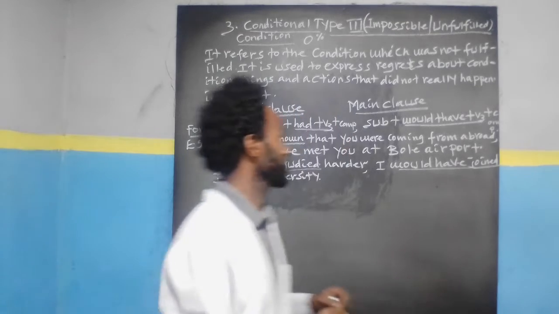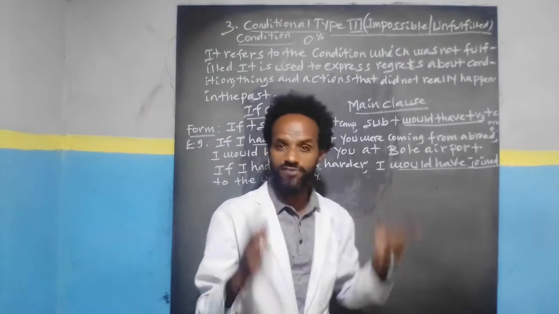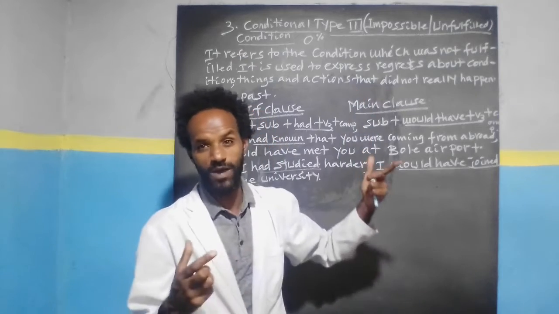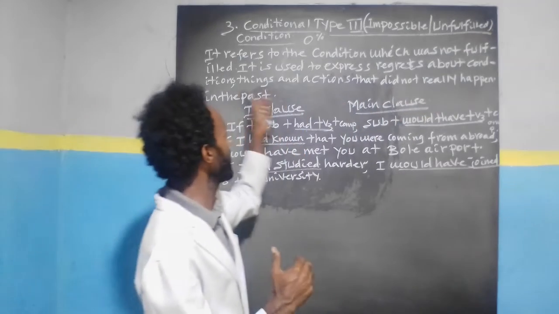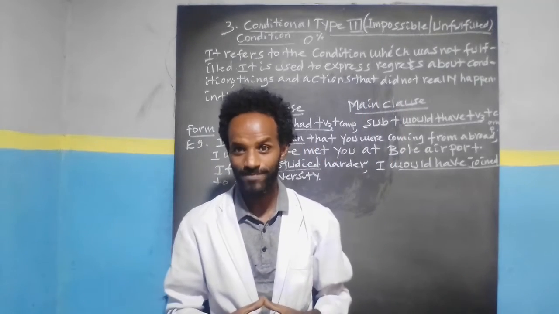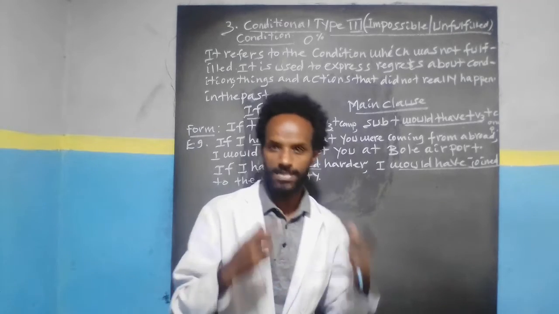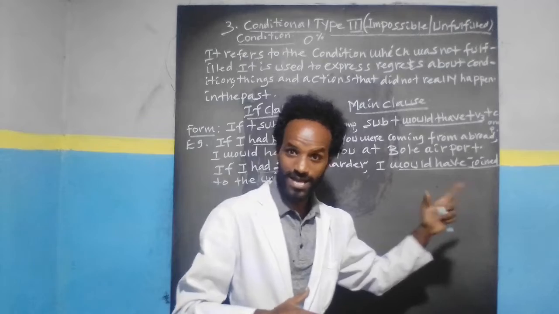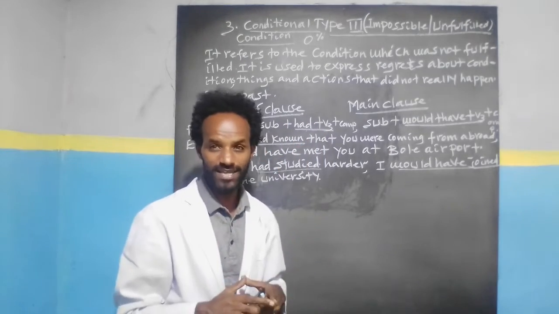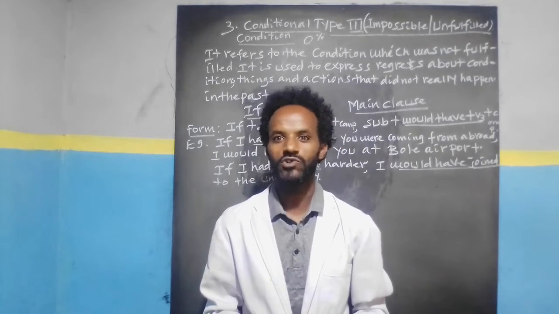Another point is that conditional type 3 is used to express regrets or criticism about actions, things, or conditions that did not really happen in the past time. That is called conditional type 3.